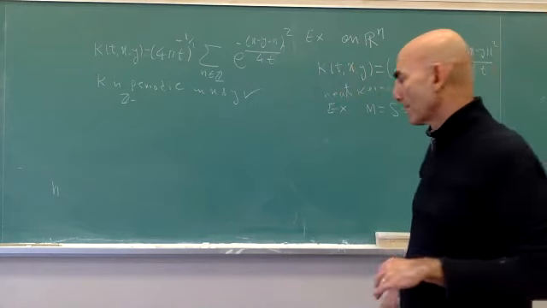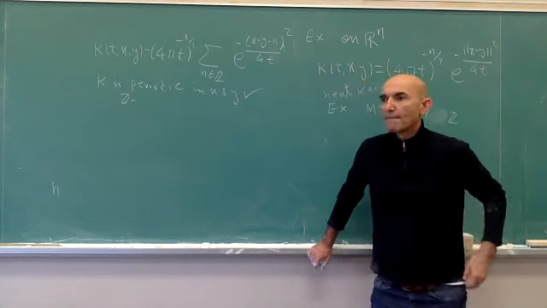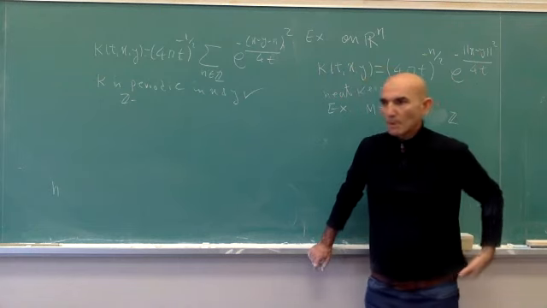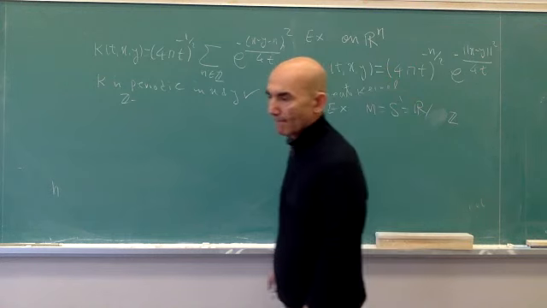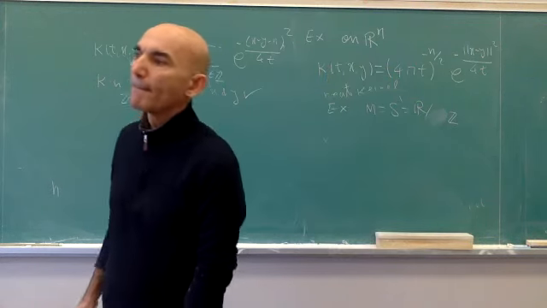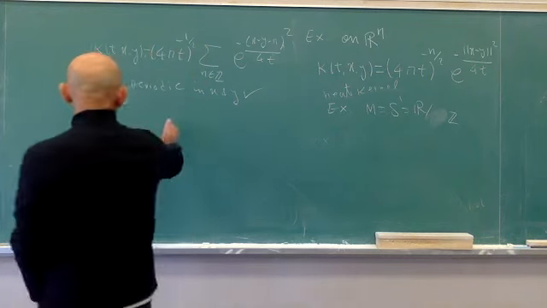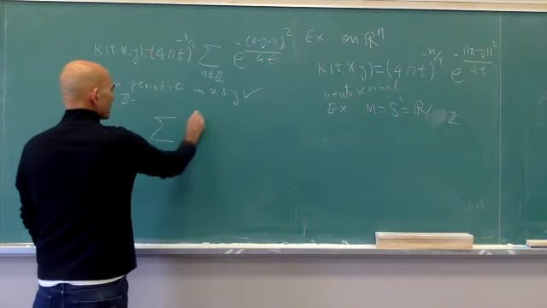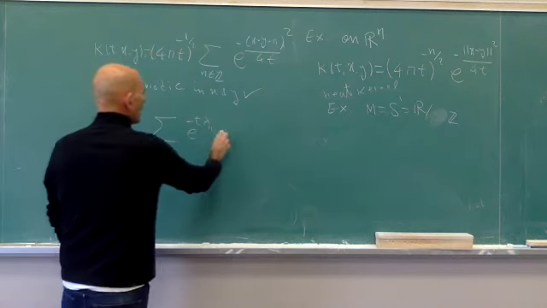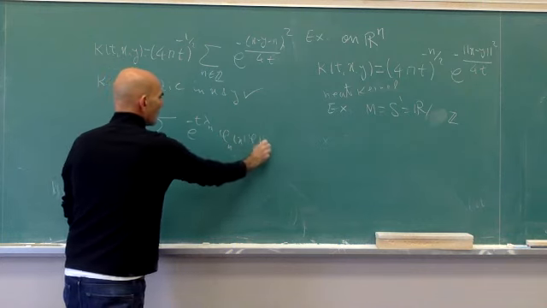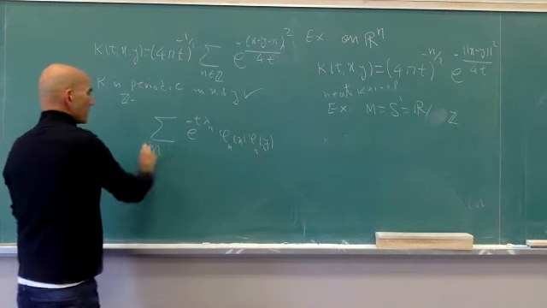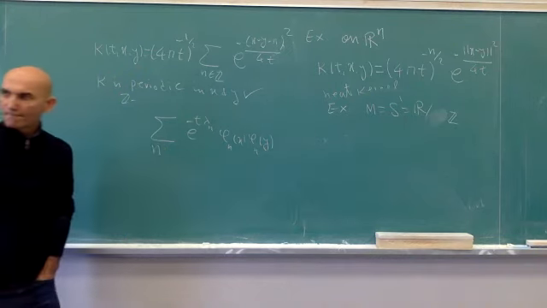Yes. Earlier we had this formula for K as the sum over the eigenvalues of e to the minus t lambda n, phi n of x, phi n of y, over n, right?